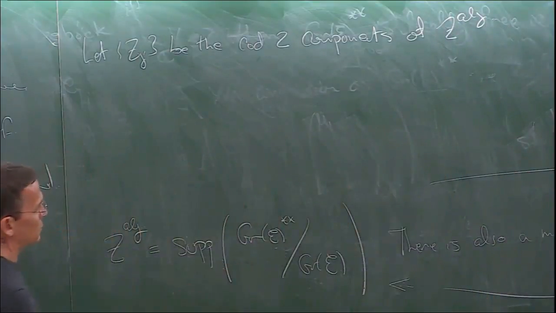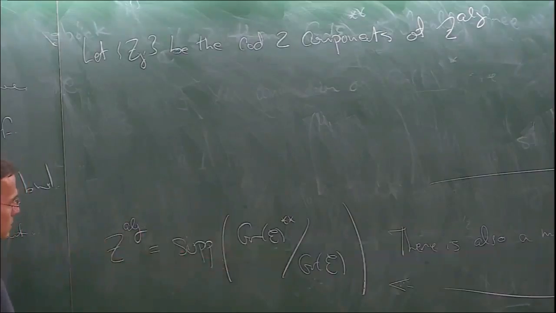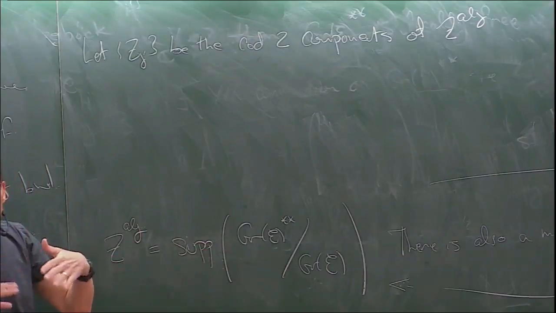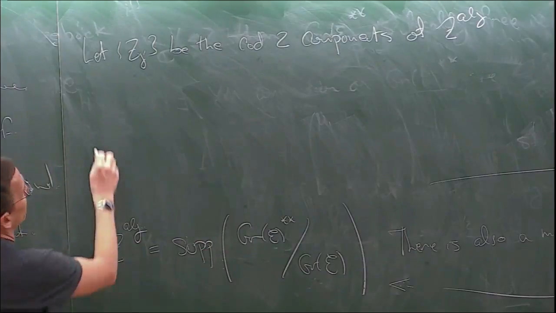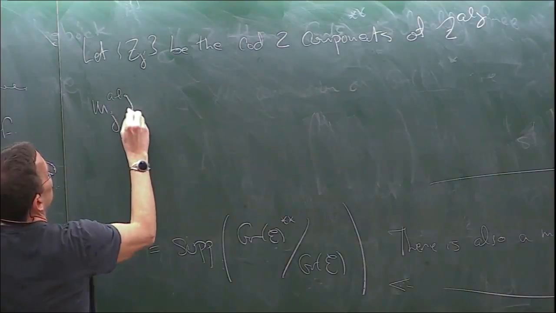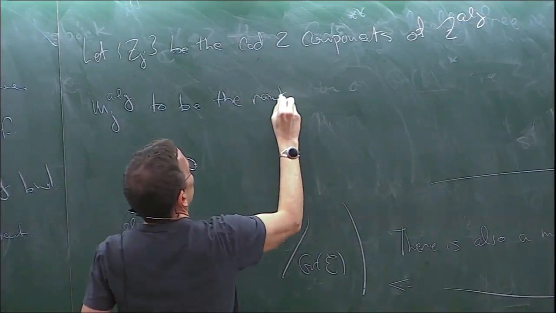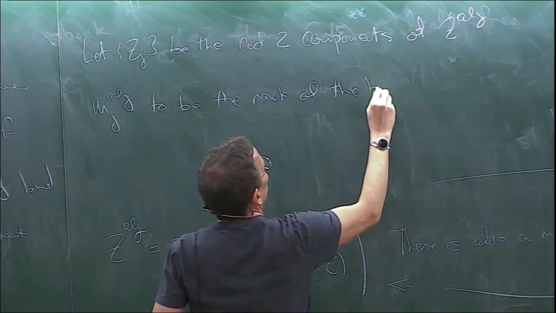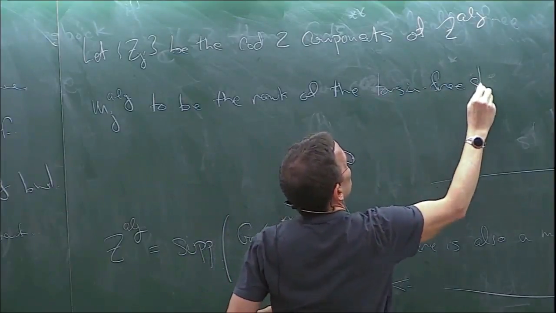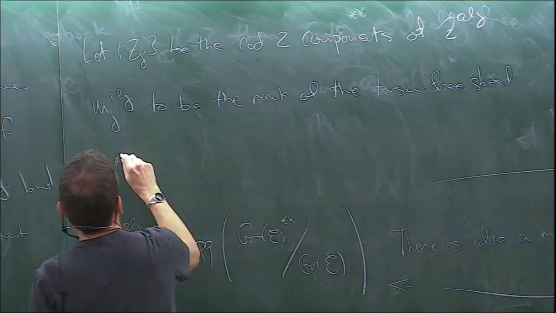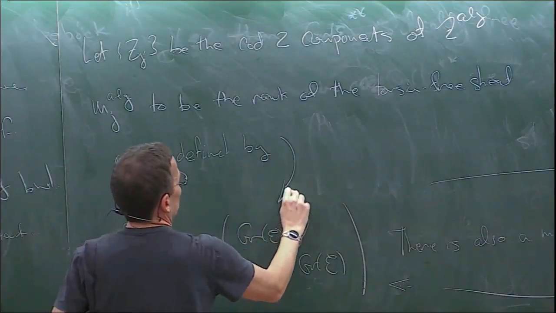I'm going to look at this singular set. It could be very crazy, but it lives in codimension 2 just by this statement about reflexive sheaves. So I'll look at the pure codimension 2 piece, and I'll look at the irreducible components of that, the Zj's. And I'll define a multiplicity to be the rank of the bundle or the sheaf, the torsion-free sheaf, on Zj, defined by the definition here.